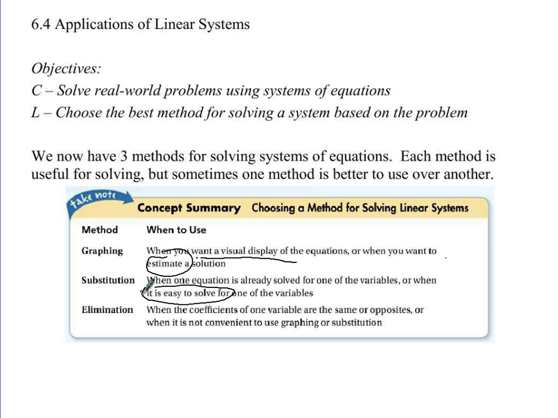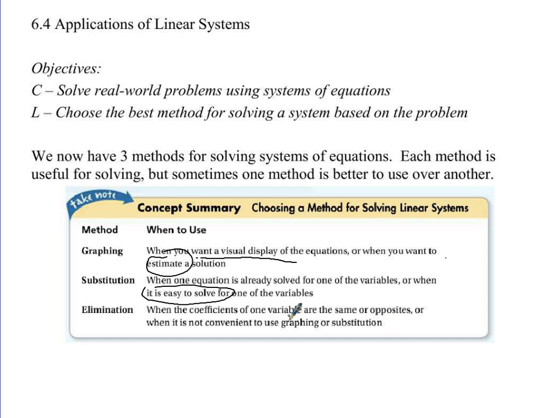Elimination is the one that you want to use basically when substitution looks like it's going to be ugly. Or when the coefficients of one variable are opposites already. Or when it's not convenient to use graphing or substitution. Okay? If you don't have opposites, you can make opposites pretty quickly.